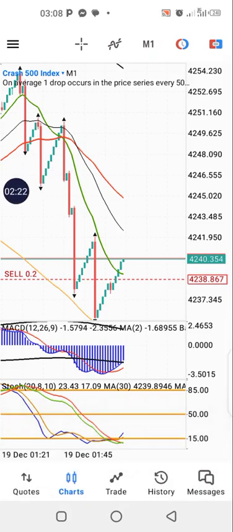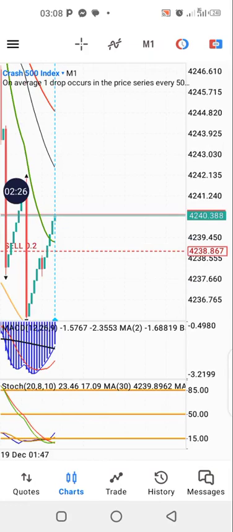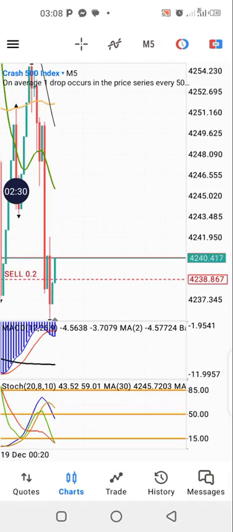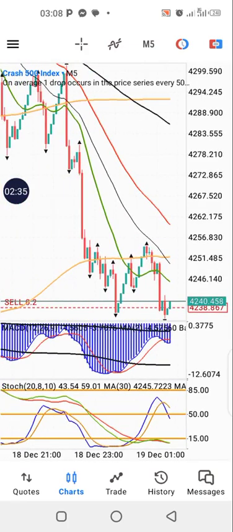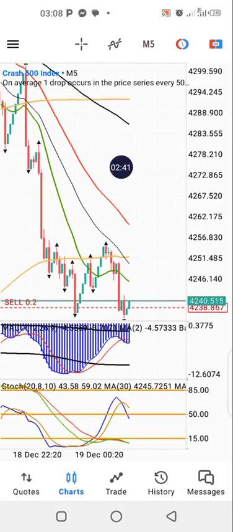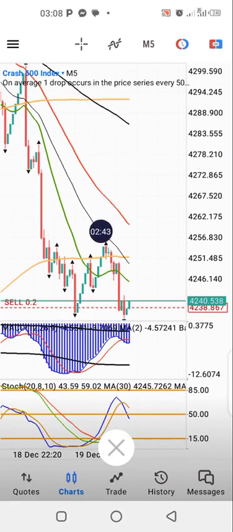Okay, so now, like I told you, a spike will soon come. So let's go to the 5 minutes time frame and see what is going on. If you see the 5 minutes time frame, the red and the black moving averages have crossed the green moving average.